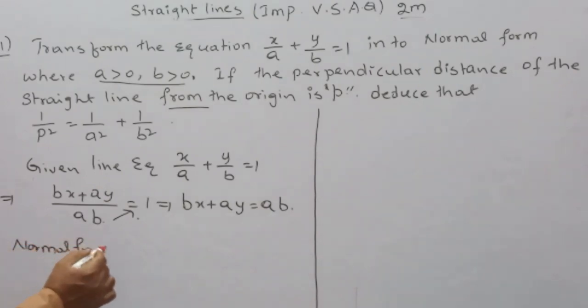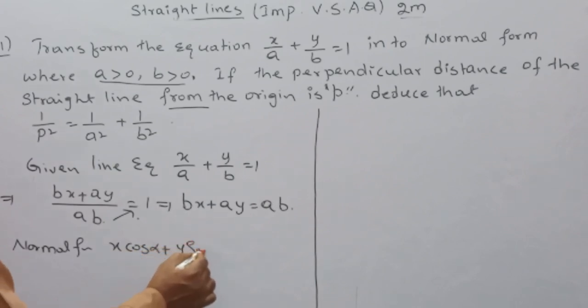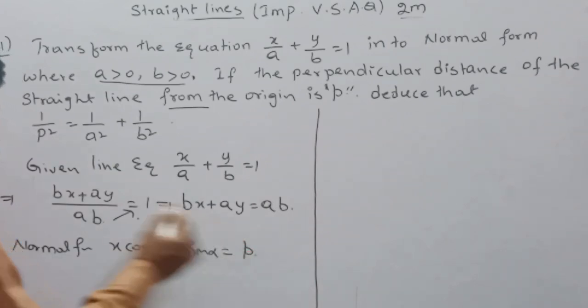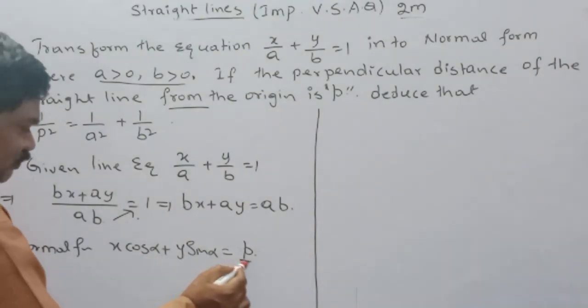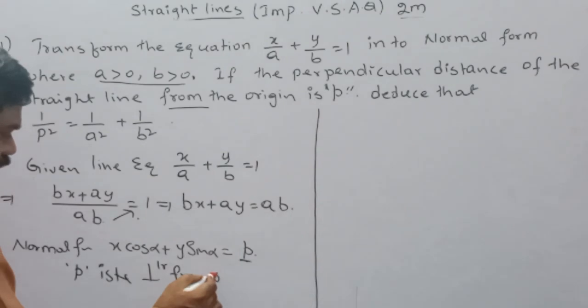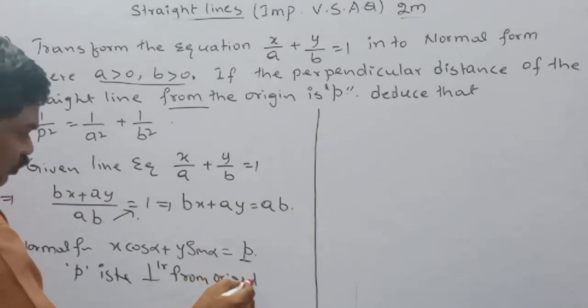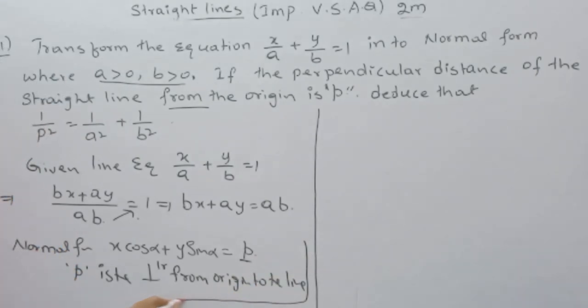Normal form is x cos alpha plus y sin alpha is equal to p, where p is the perpendicular distance from origin to the line. You can convert this into this normal form.